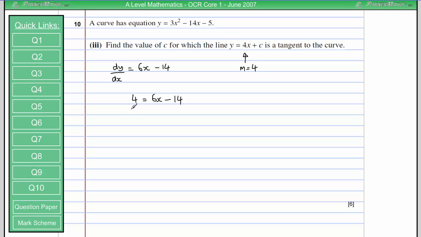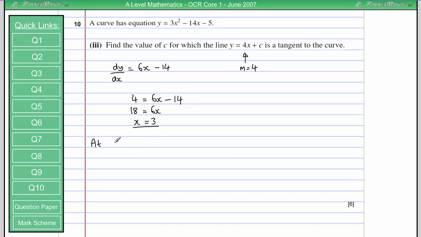So then we can add 14 to both sides and we get 6x is 18. Divide by 6 and we get x equals 3. Now that we know the x coordinate on the curve where the tangent meets, we can find the y coordinate by substituting it back into our original equation.